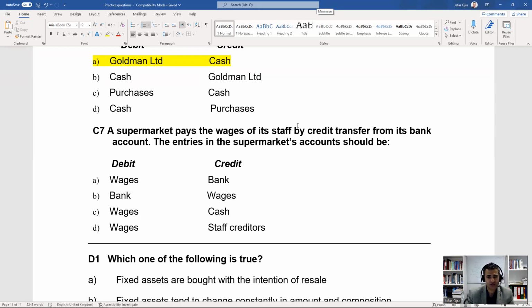So wages should be debit all the time. And of course, how did we pay for wages? Through bank and transfer is money out. So bank is money out, and money out on the credit side. So the answer is A.